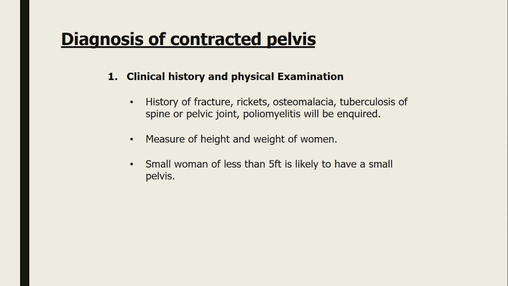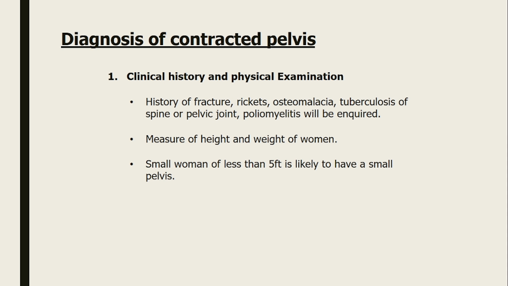History of previous rickets or previous osteomalacia or previous tuberculosis of the spine, or pelvic joint, or poliomyelitis will be a pointer to the development of contracted pelvis.